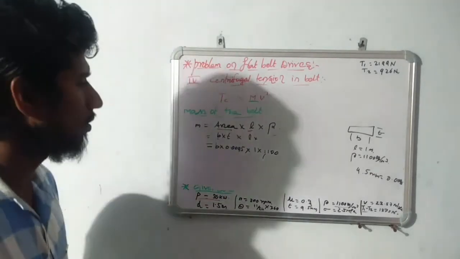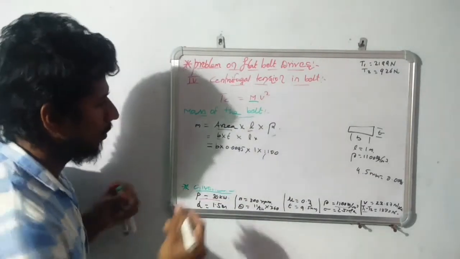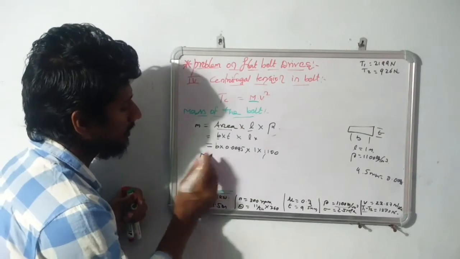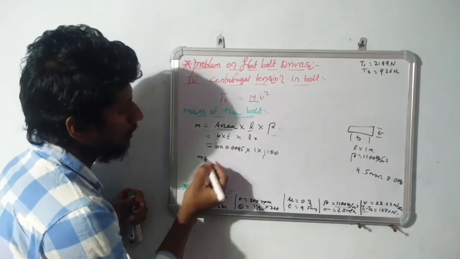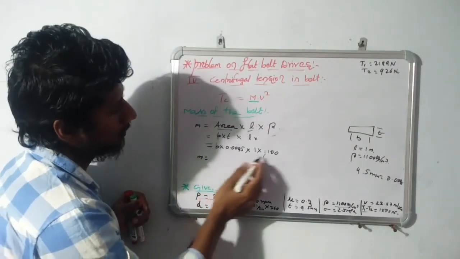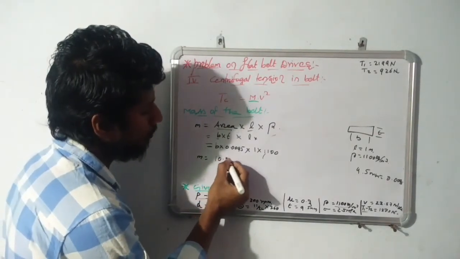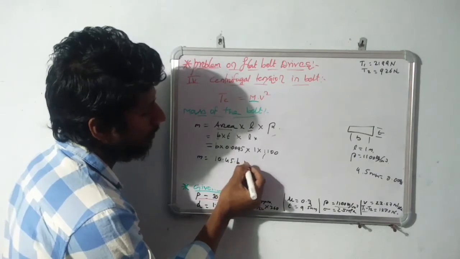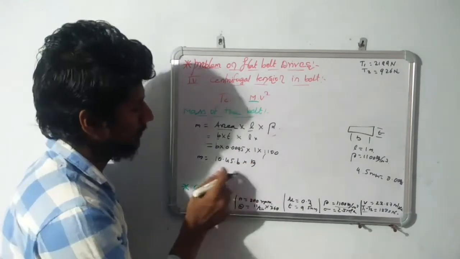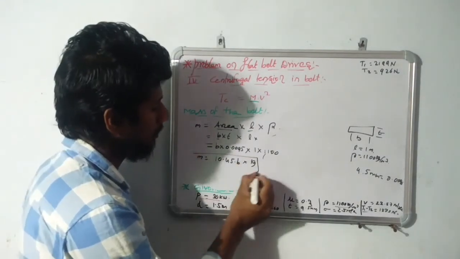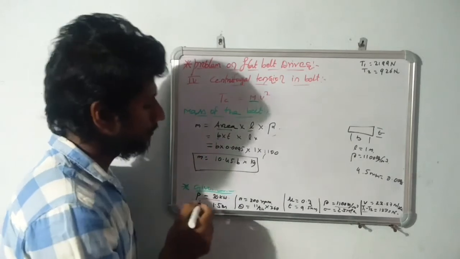By simplifying this, we get the mass of the belt: m is equal to 10.45 B kg. This is the mass of the belt.